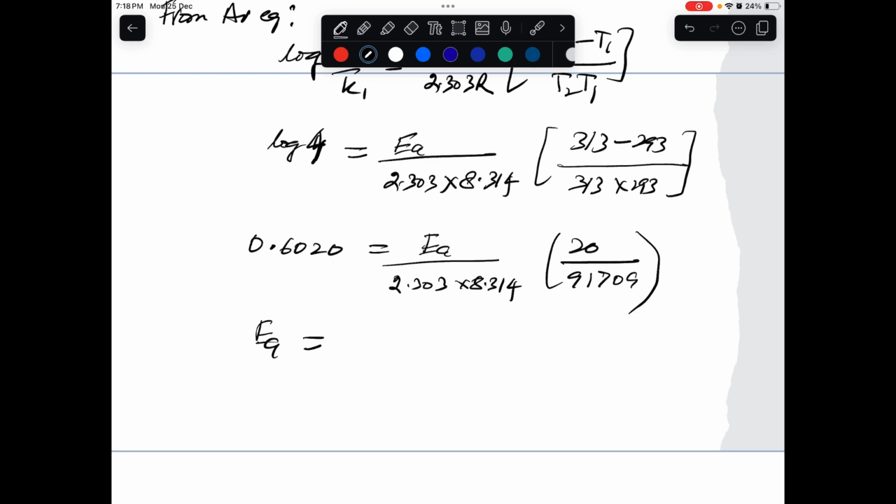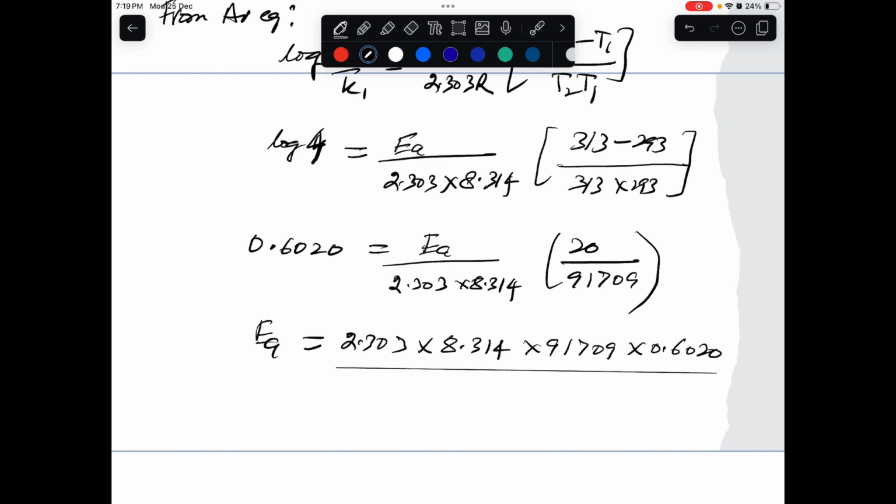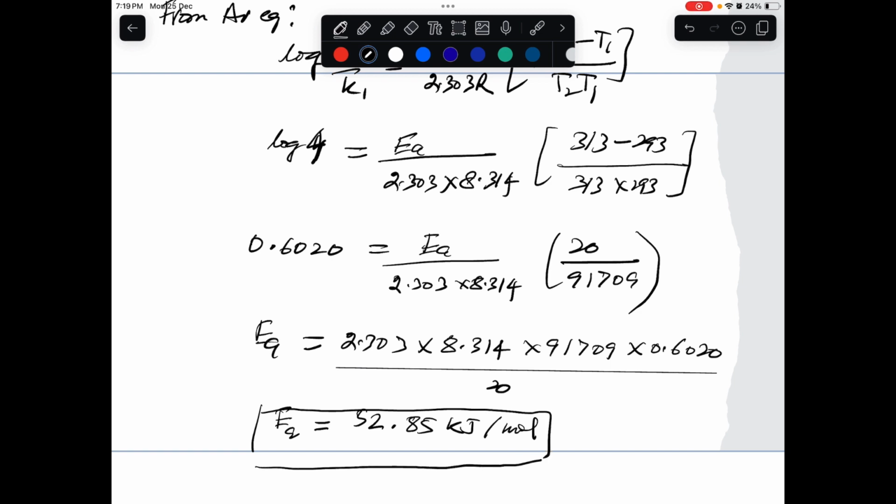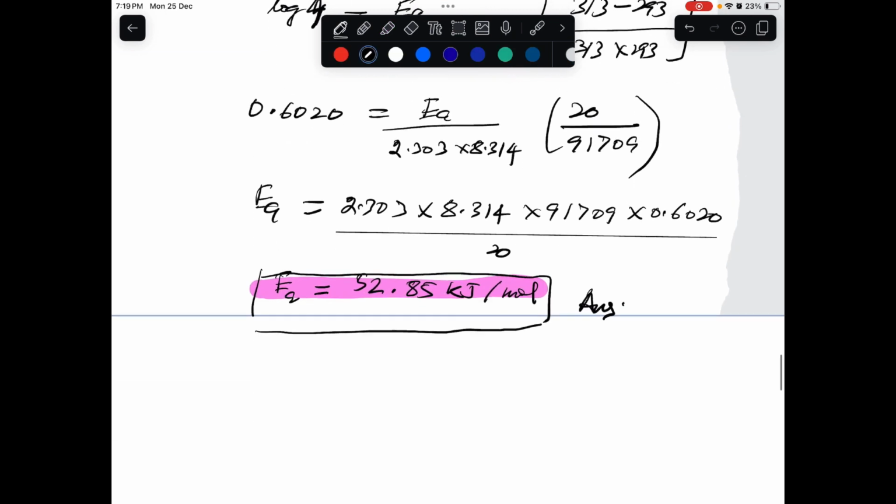It will be equal to 2.303 into 8.314 into 91709 into 0.6020 divided by 20. This value is coming as 52.85 kilojoules per mole. This is the value of energy of activation. So this is our answer.